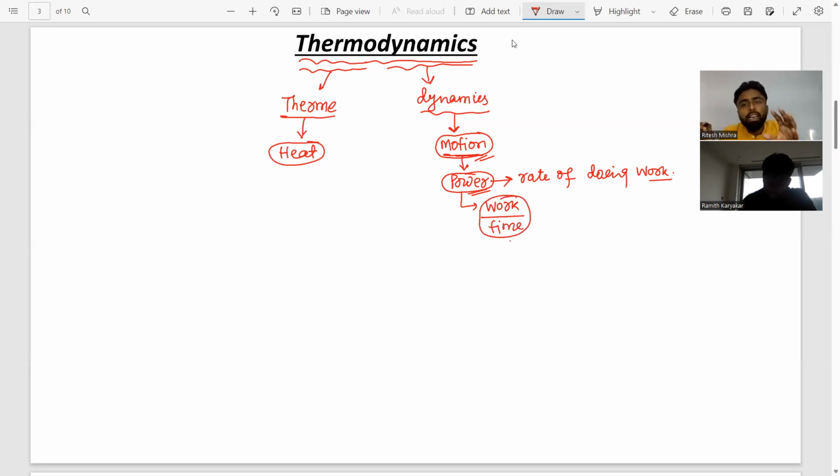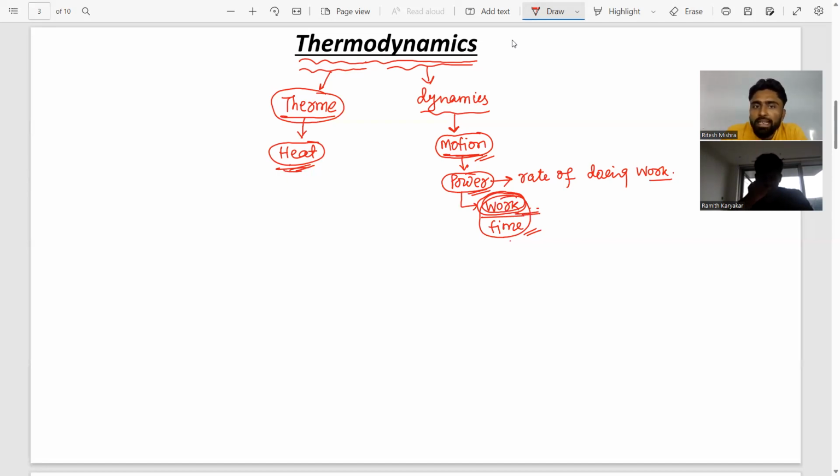So here we relate both terms: in the dynamics part, work by time, and in the therm part, the heat. So thermodynamics is made up of two words, heat and work. Now understand what is heat and what is work.